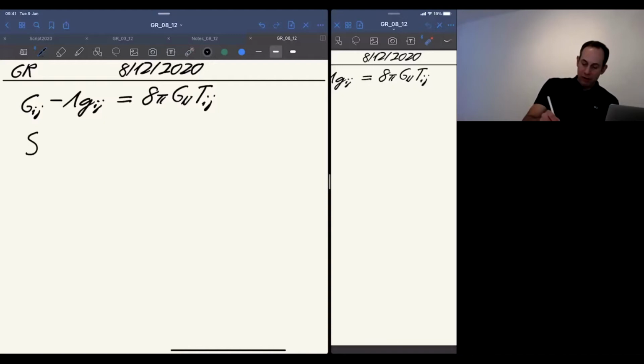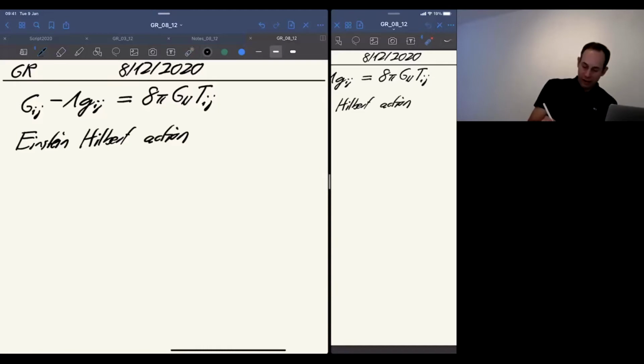So let me just start with a definition, which is the Einstein-Hilbert action. The Einstein-Hilbert action is something you could express as a function which takes as input the metric on a manifold.